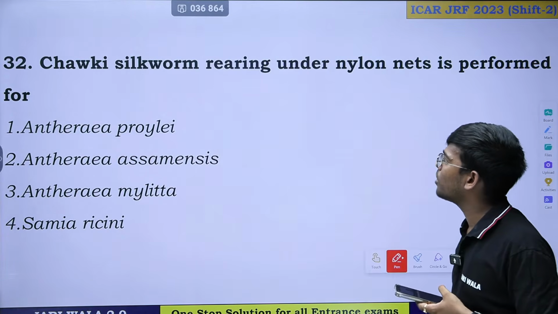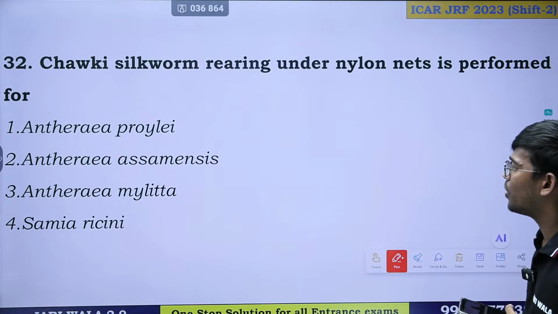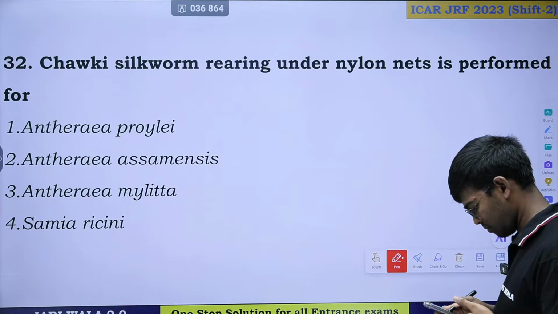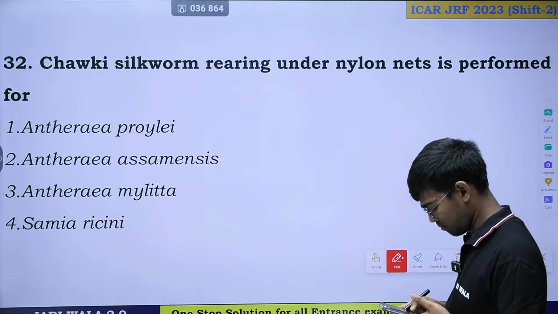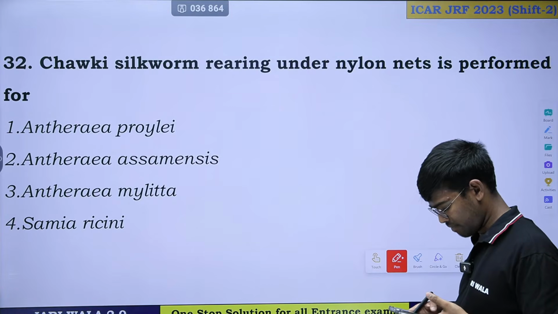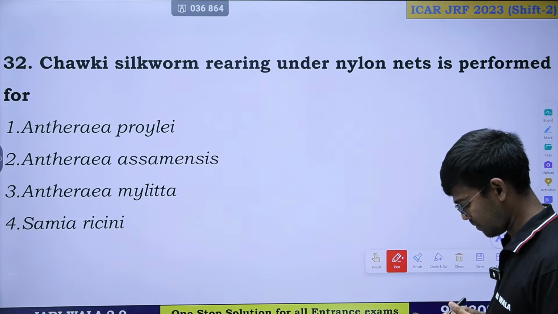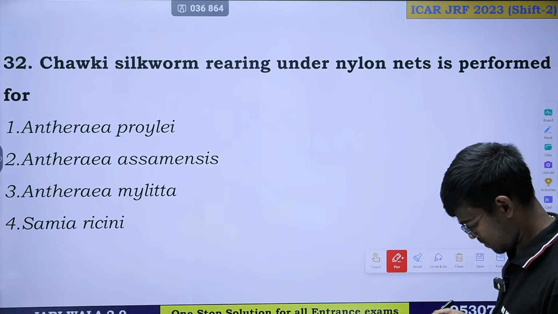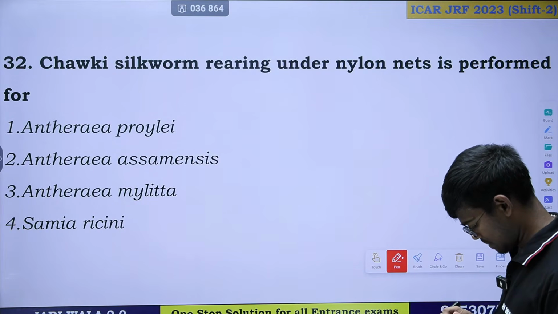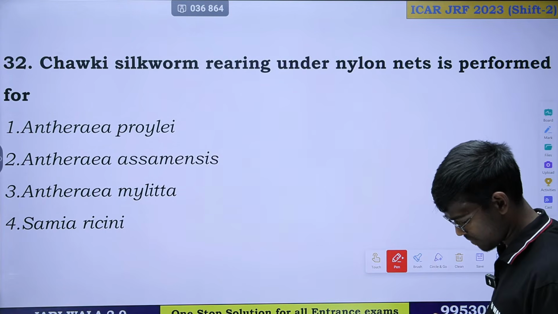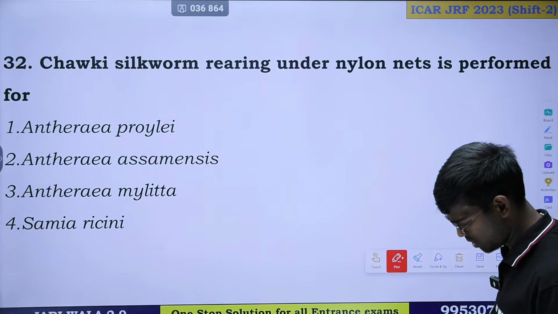Chowki silkworm rearing under nylon nets is performed for... No, it's not done for Antheraea proylei. Somebody kept option 1.